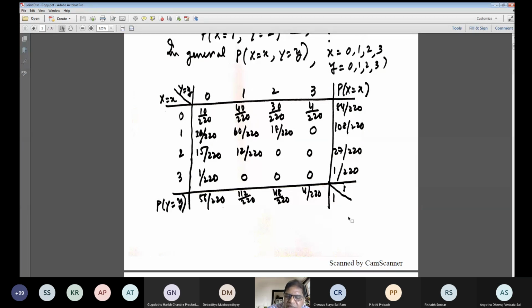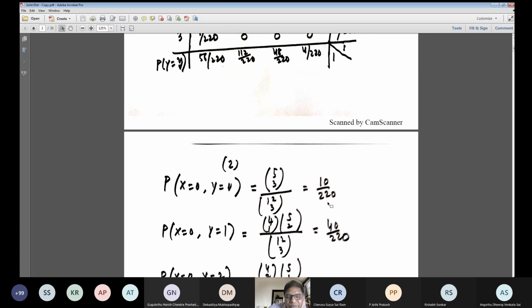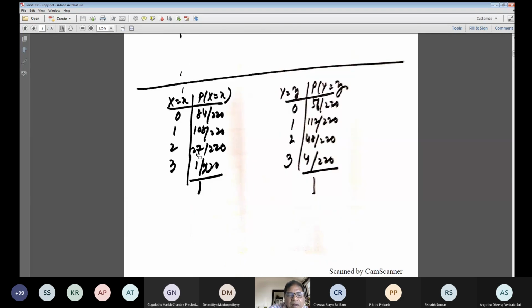So this sometimes provides you a check whether your calculations are correct. If this is not coming 1, then something is wrong. So here ultimately we can write the probability mass function of X and the probability mass function of Y.